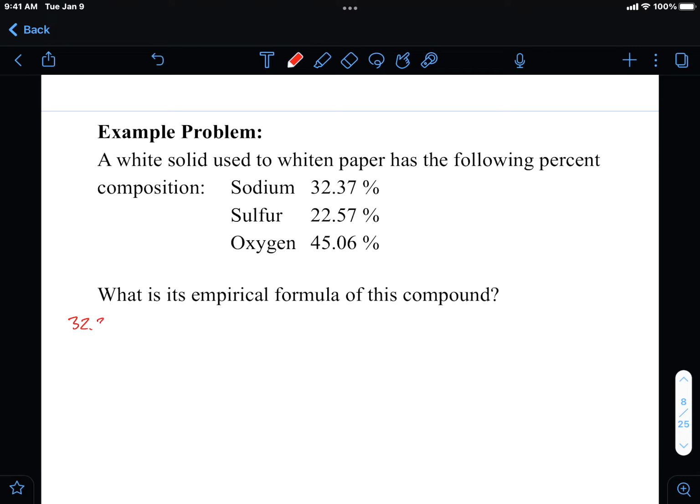So 32.37 grams of sodium. A mole of sodium is 23 grams, right? So this is about 1.407 moles of Na. Remember, the first step in empirical formula problems is to find the moles.